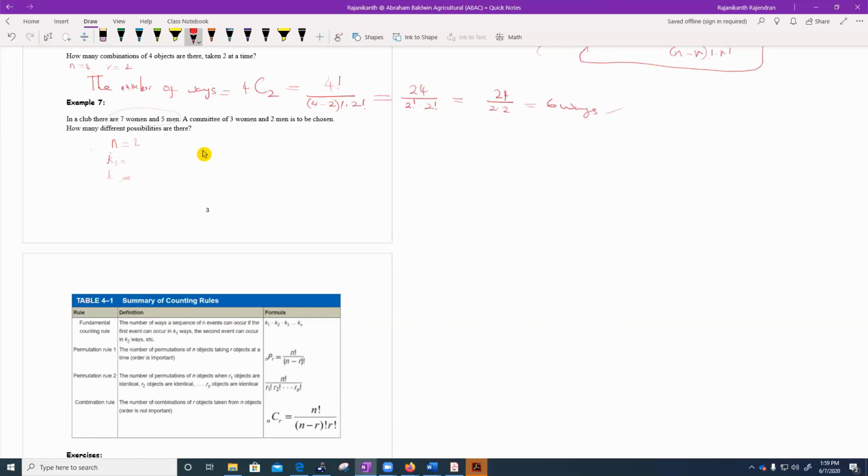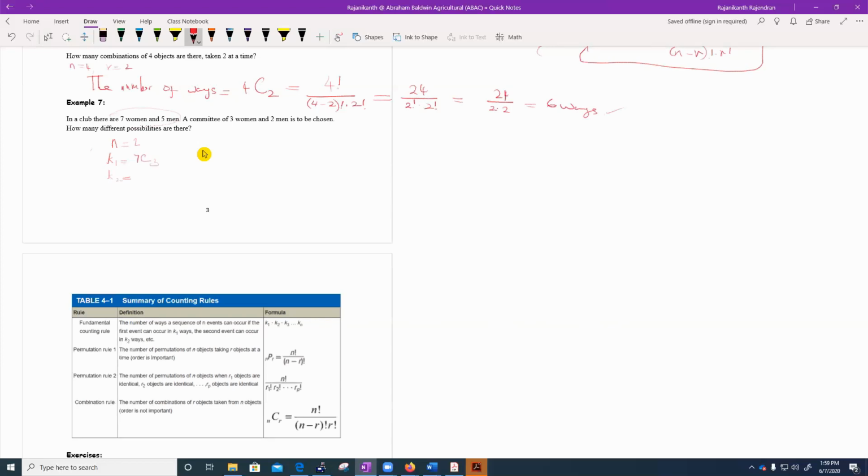K1 is the number of possibilities for my first event, first task. Remember, my first task is choosing women, right? You are given 7. You need to choose 3 from them. So how many different ways could you do that? I could do that in 7 choose 3 ways.